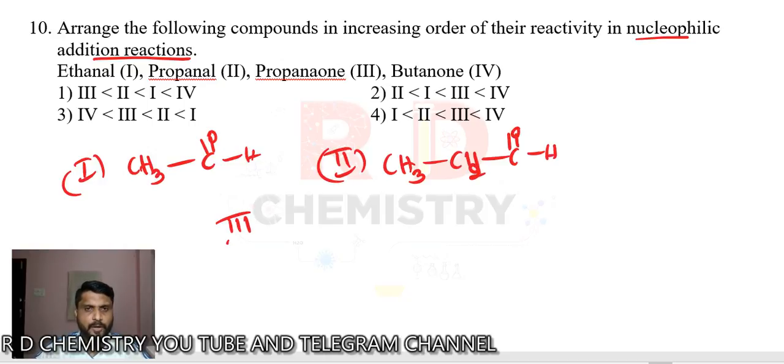And compound number 3 is propanone, CH3 C double bond O CH3. Remember, in general, aldehydes are more reactive compared to ketones because in a ketone, groups are attached on either side of the CO. So that makes the CO group less accessible, more hindered compared to the aldehyde. So aldehydes are more reactive compared to ketones.